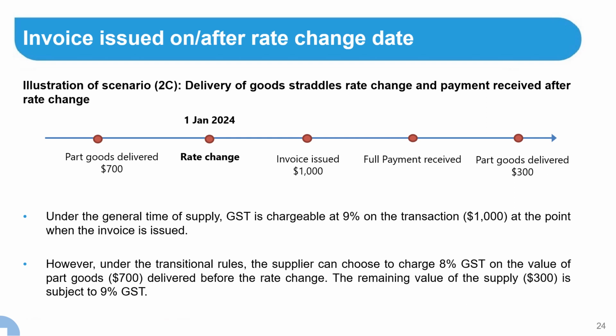However, the supplier can choose to charge GST at 8% on the value of part of the goods delivered before the rate change date, that is $700. The remaining value of the goods delivered after the rate change date, which is $300, will be subject to GST at 9%.